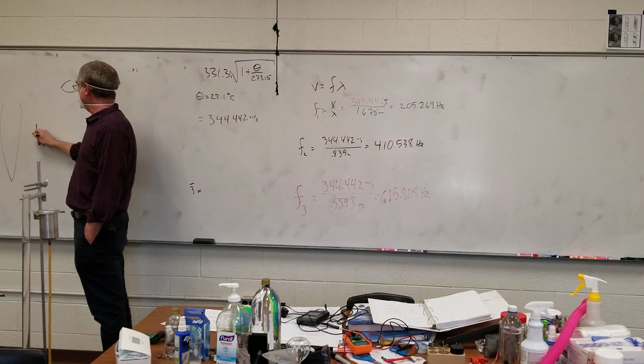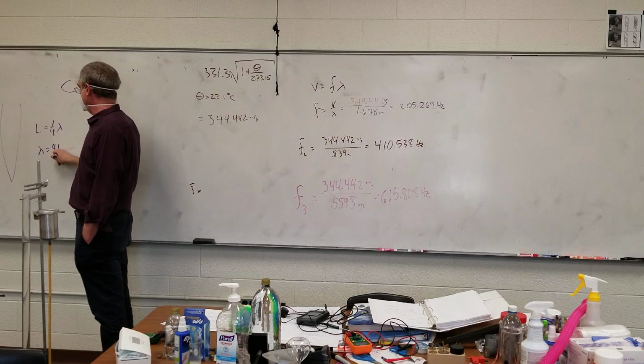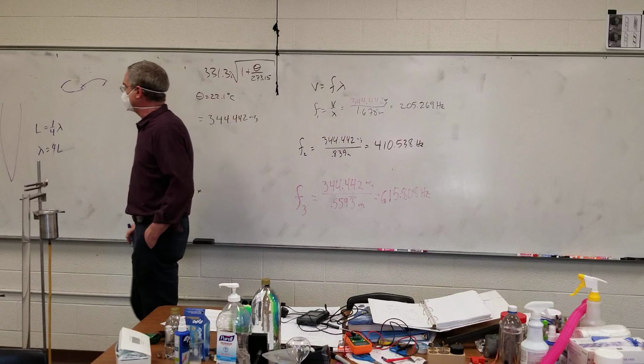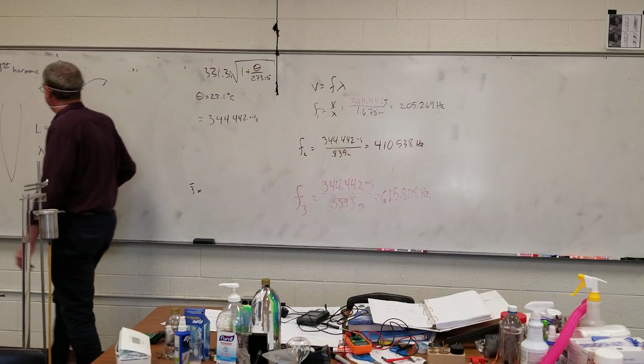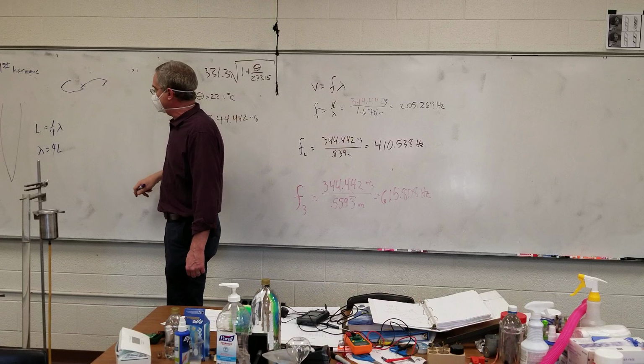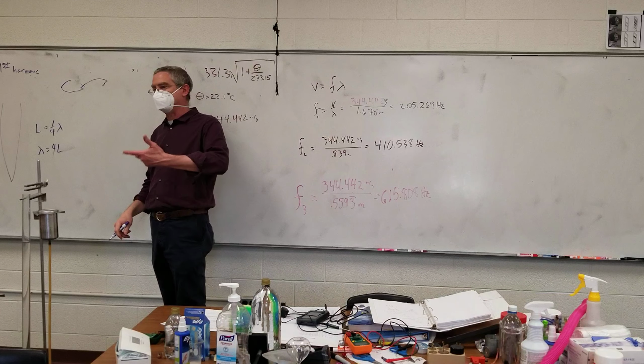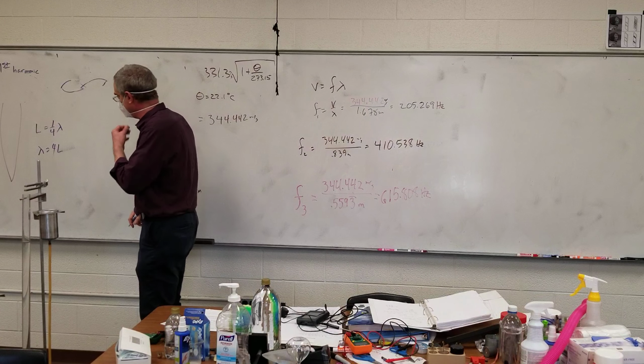So L is equal to a quarter of a wave, so the wavelength is 4 times whatever that length is. So this is the first harmonic. For the next harmonic, we add a half wave every single time we go to the next harmonic.